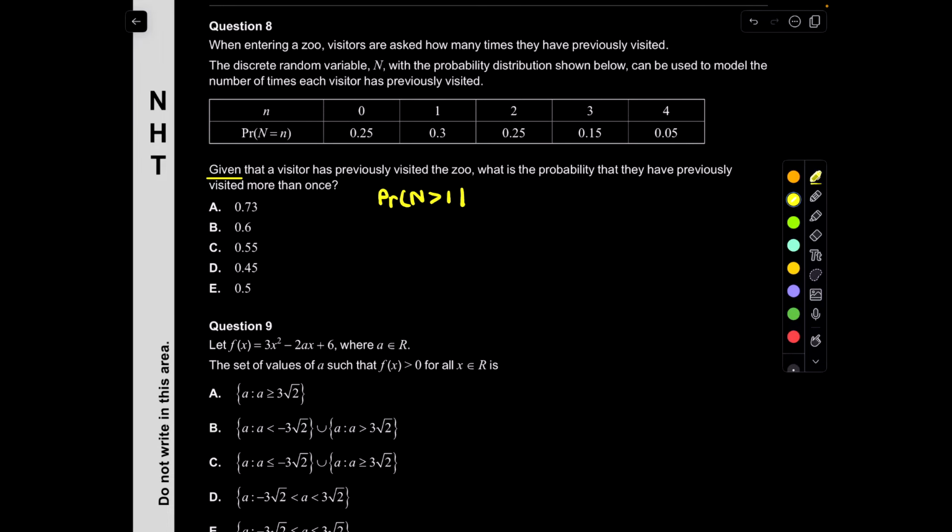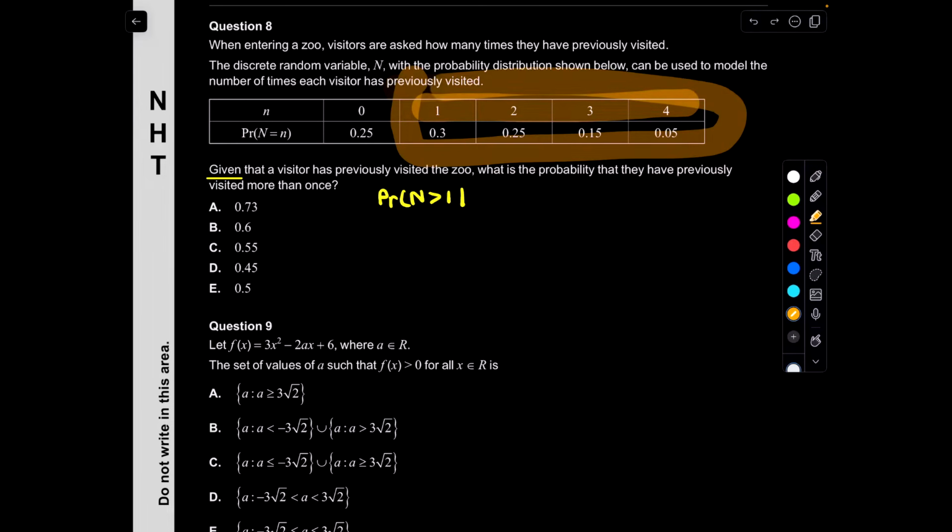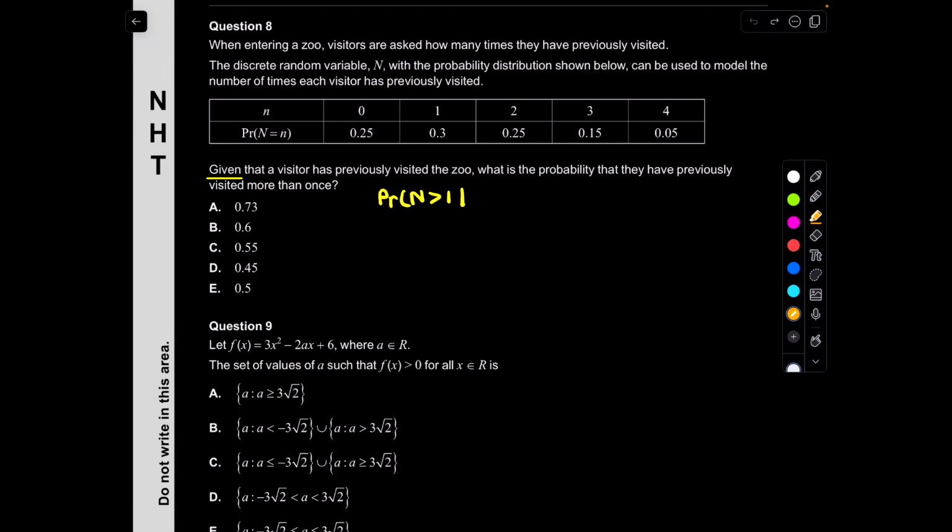Given that a visitor has previously visited the zoo, it's only going to be these ones over here, 1, 2, and 3, because they basically previously came back to the zoo. The person at 0, this is his first time coming here, but these have previously been. So it's where n is greater or equal to 1.